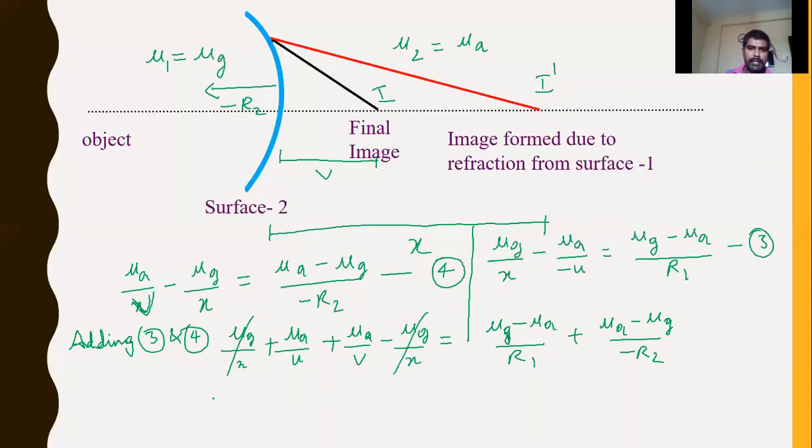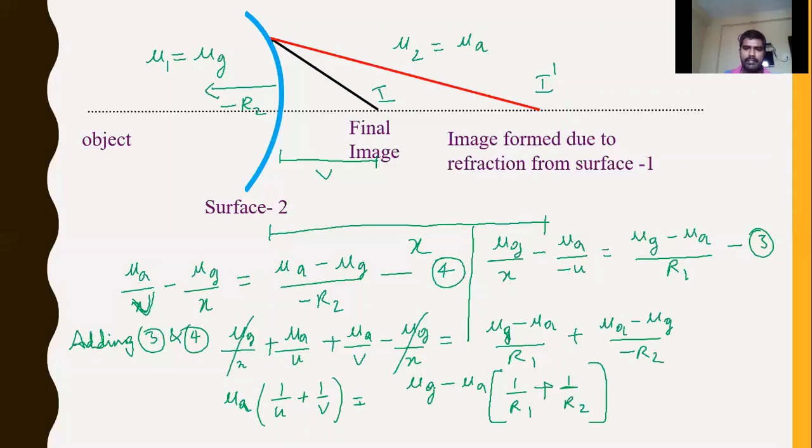Finally you will be getting the equation mu a into 1 by u plus 1 by v is equal to mu g minus mu a into 1 by r1. Because of this negative sign here, you can take mu g minus mu a by multiplying this negative sign over here, so that you will be getting plus 1 divided by r2.